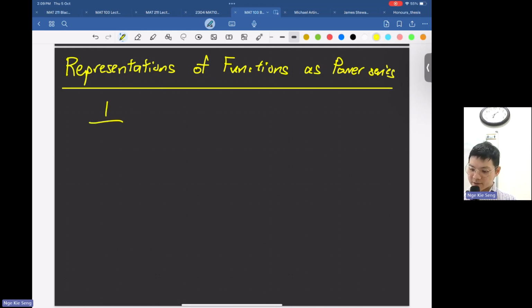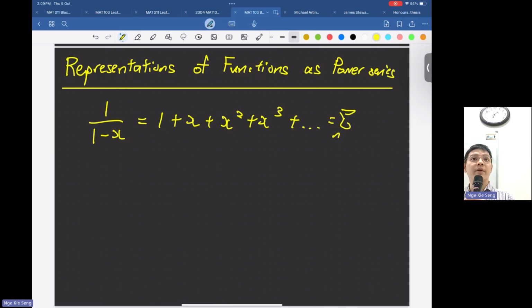We can express 1 over 1 minus x as 1 plus x plus x squared plus x cubed and so on. This is what we observed just now. Still remember? When is this true?